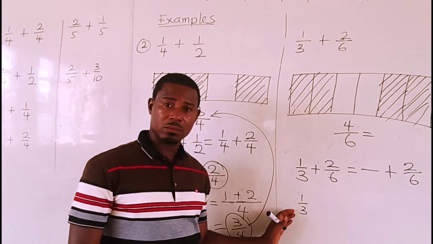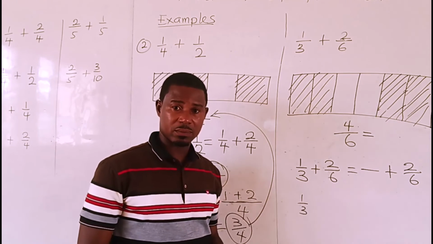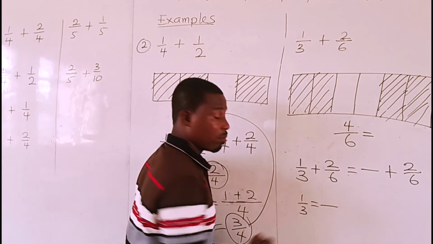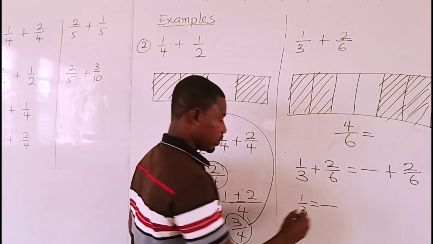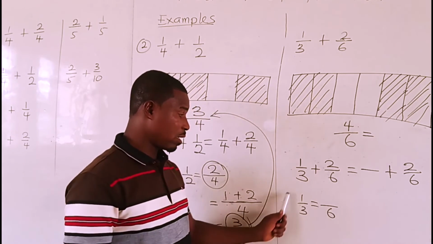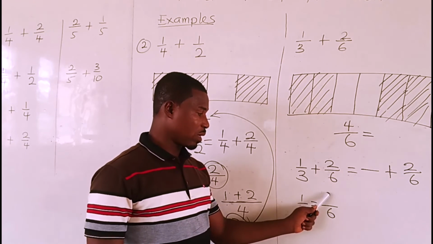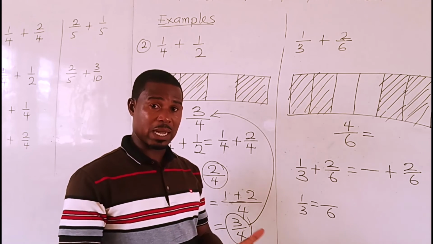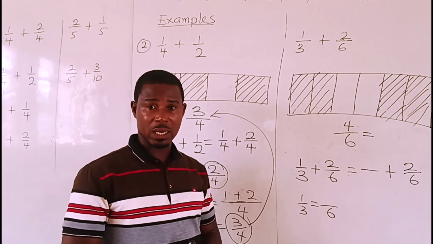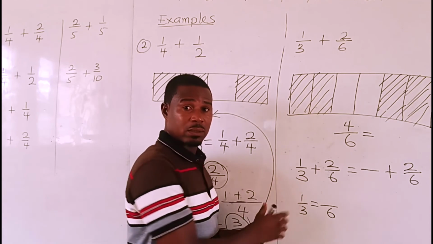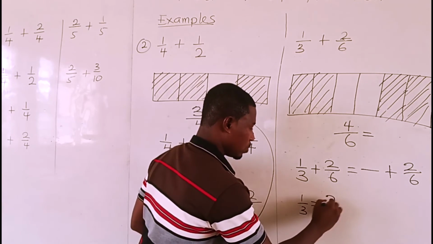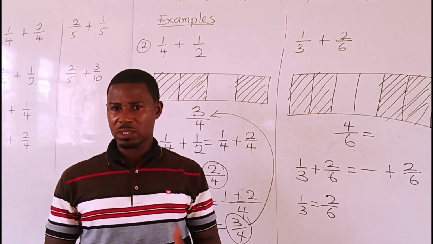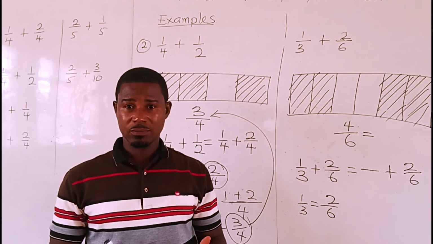Now, what can we do to 3 to make it 6? We will have to multiply 3 by 2 in order to get 6. We'll do the same thing to the numerator to get our new fraction for 1/3. And so 1 times 2 will give us 2. So our new fraction is 2/6.